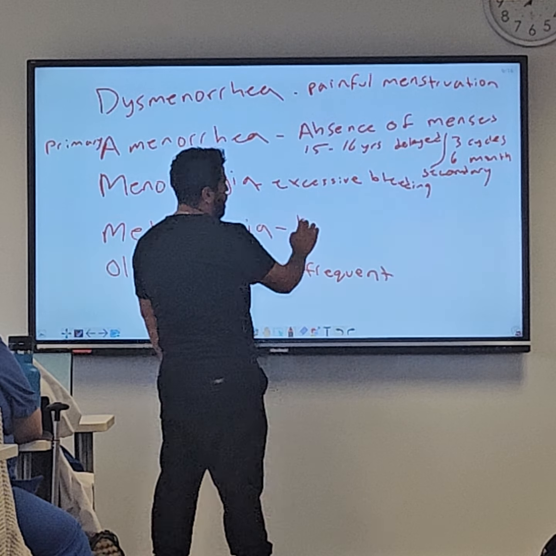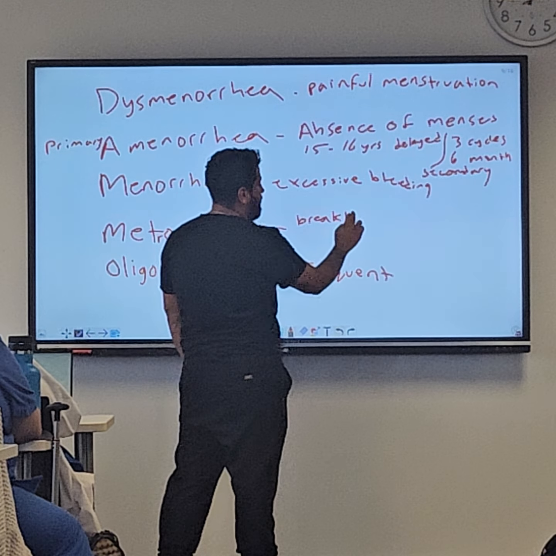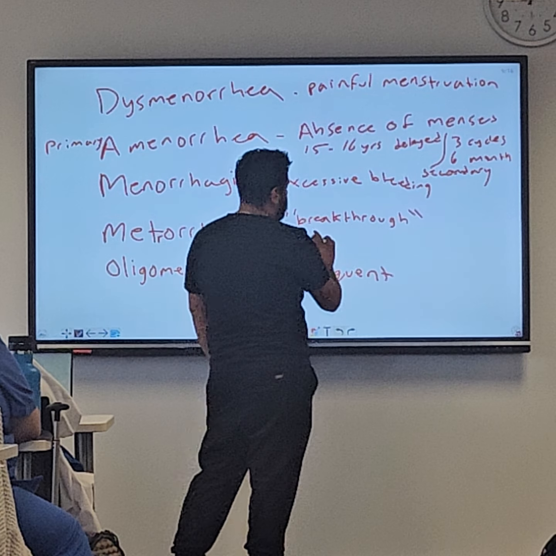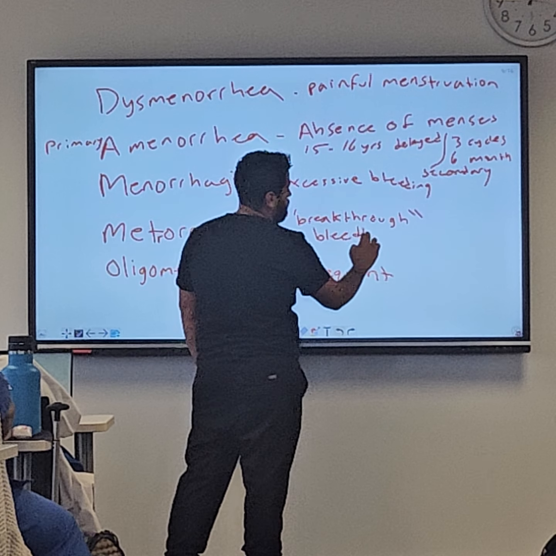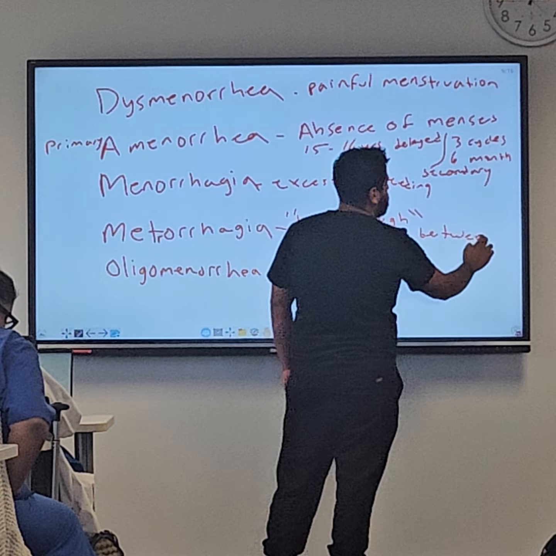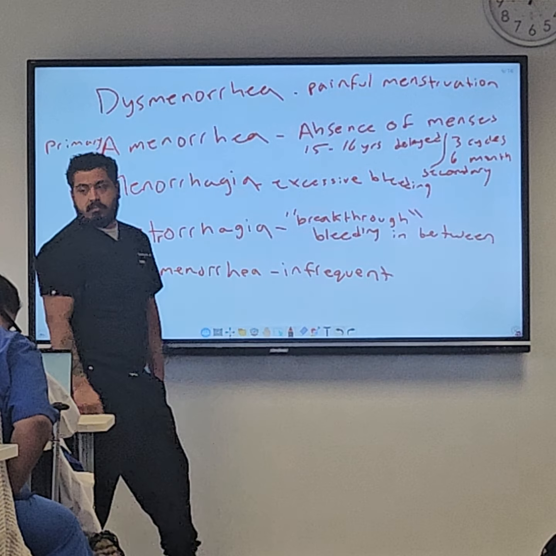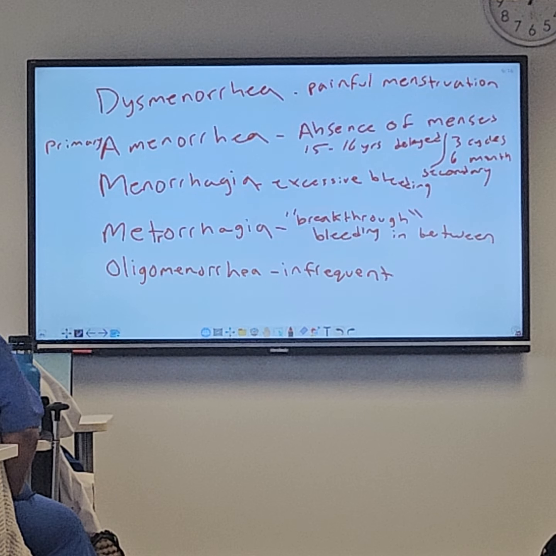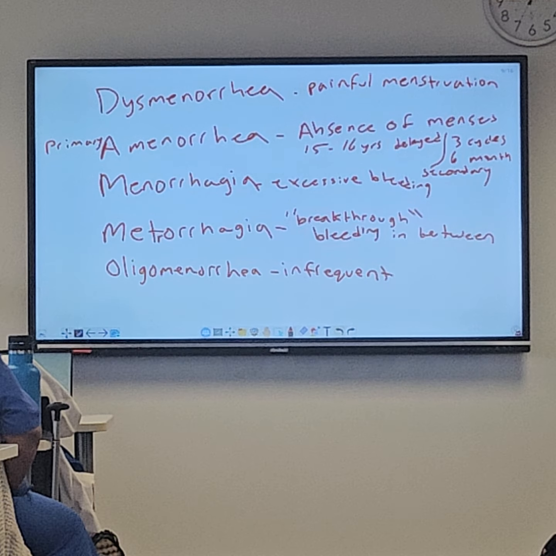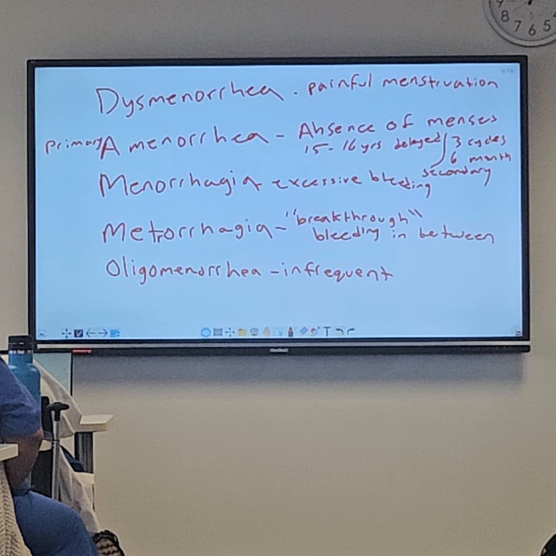So, breakthrough, they'll call it, meaning sudden bleeding in between menstrual periods. Since it's abnormal bleeding, you would have to get checked out as to what it is. Is it delayed emptying? Is it menstrual bleeding in between? Is something else making you bleed? So then it can vary.